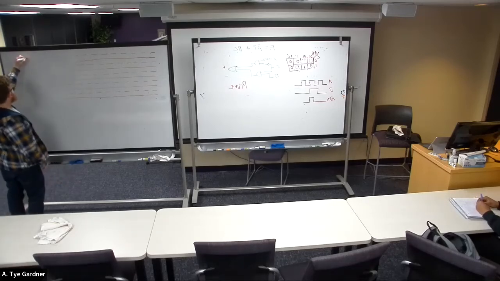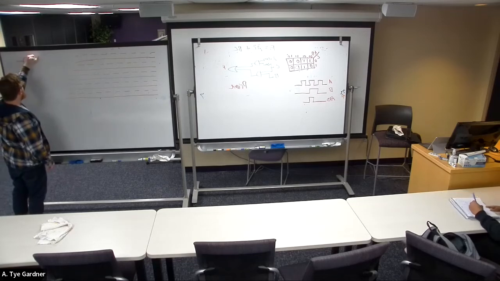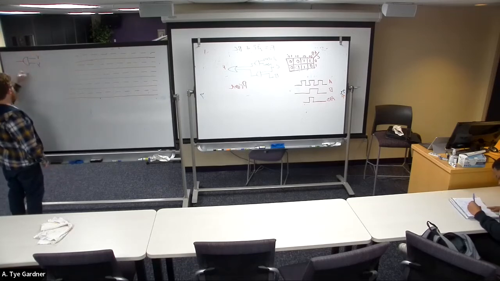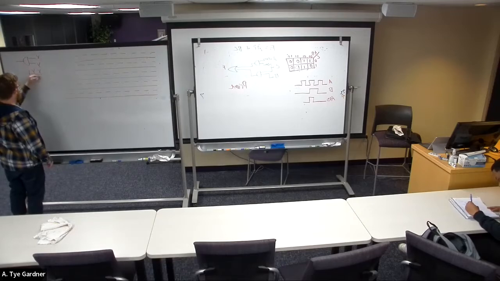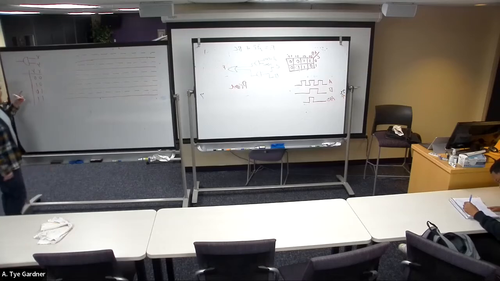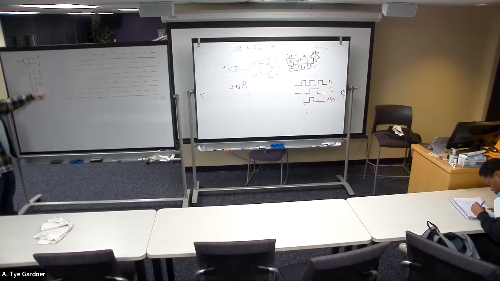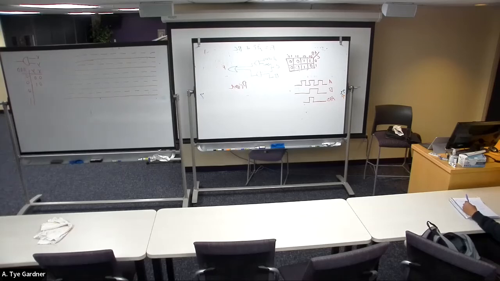Well, if I have an AND gate with inputs X and Y, well, if I set X to 0, so that means I'm only interested in those top two. Does it matter what Y is doing? This is AND, right? Yeah, it's always 0. It cannot react to a change in Y because it's not primed, right?